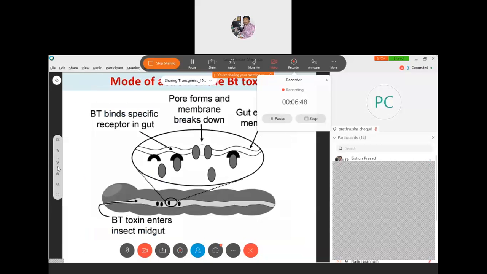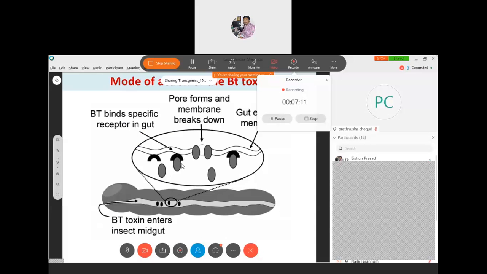So in this slide, you can see the mode of action of Bt toxin. This is a graphical representation, and this cartoon shows that when Bt toxin enters into the midgut, it will bind to the cadherin receptor. You can see here this cadherin receptor is present in the insect midgut.